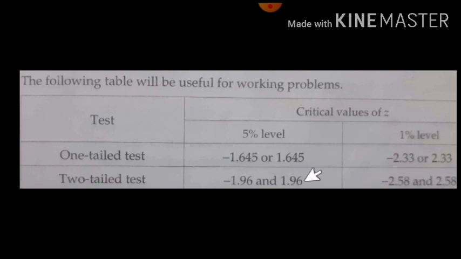You need to remember this table. These are the standard Z values. Okay. So here I have introduced some important concepts we need to know to solve problems related to sampling theory. In the next class I will start with problems related to sampling theory. Thank you.